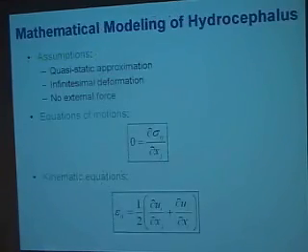Now, here is the formulation of the simulation. First of all, we simulate the slow process of hydrocephalus, so we use the quasi-static approximation, which means things are not changing very fast. In particular, if you are familiar with Newton's mechanics, the ma term is gone; it's assumed to be 0. The deformation is not very big, and there's no external force.